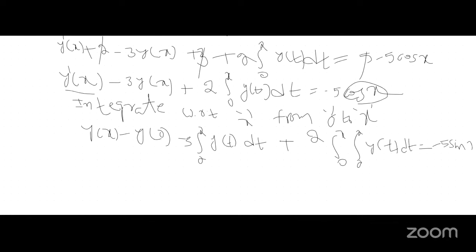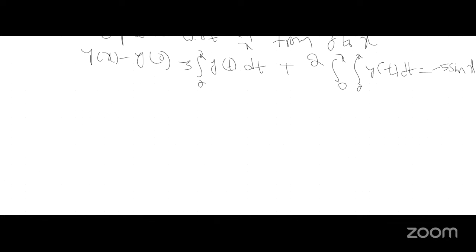Okay. So again, we have y of 0 equal to 1. Yes, no? So y of 0 equal to 1. So now if you substitute there, this becomes x minus t into dt. So that is y of x minus 1. Okay.